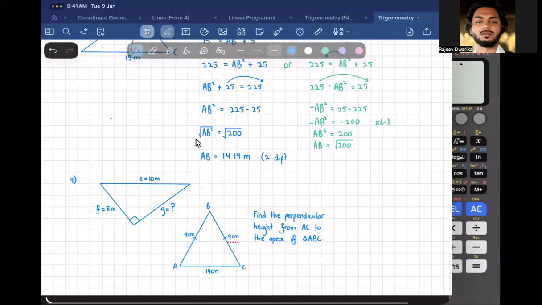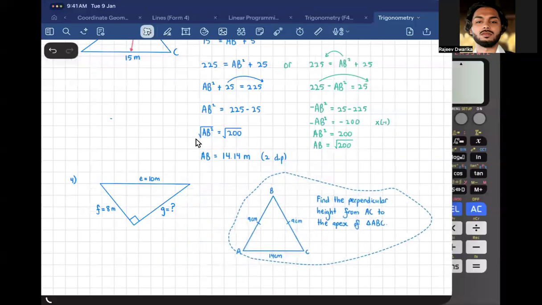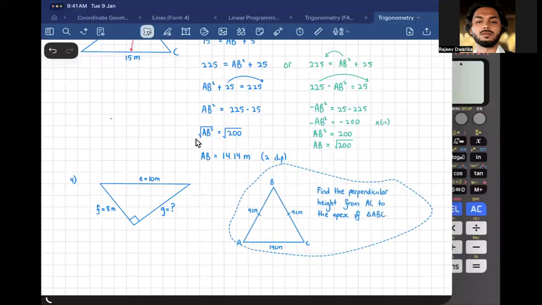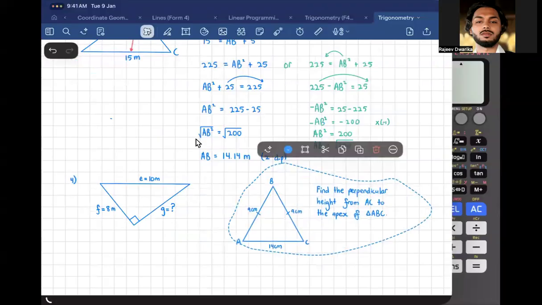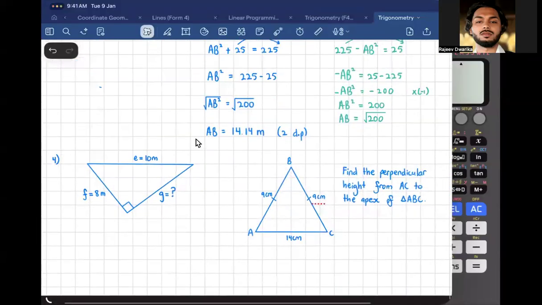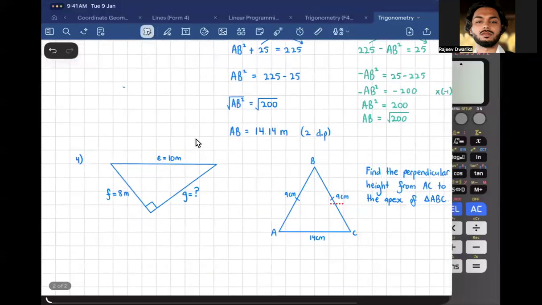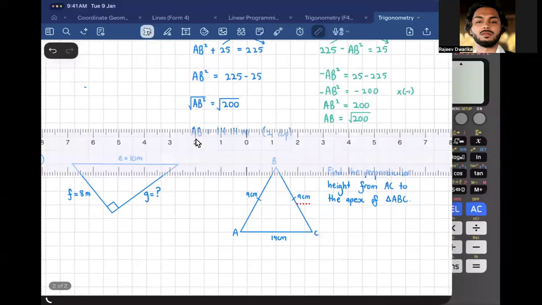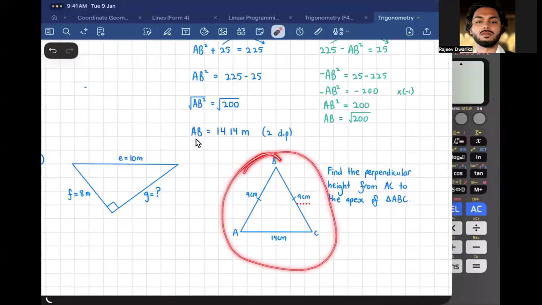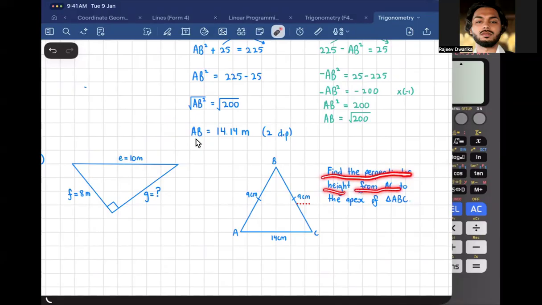Those of you that got through with 4, move on to this question. It only looks hard. I promise you that. I think you all could figure it out. I'll start off by saying this: this is not a right angle triangle. Figure out what you could do to make it a right angle triangle. Find the perpendicular height from AC to the apex at ABC. I gave you a big, huge hint just now.